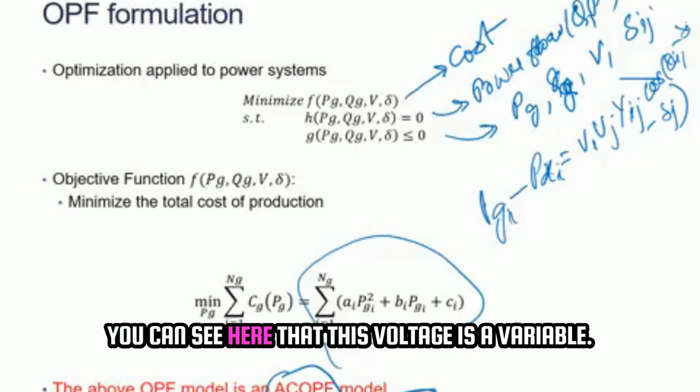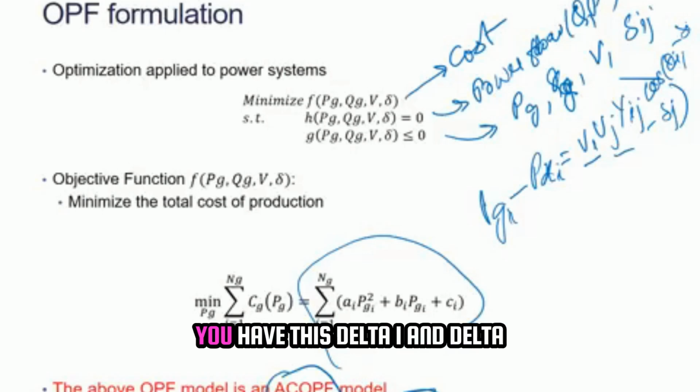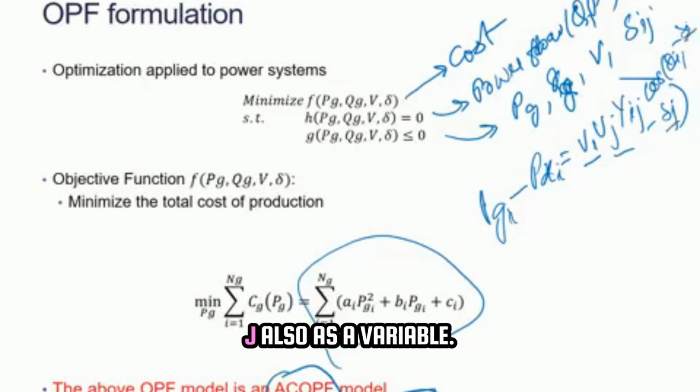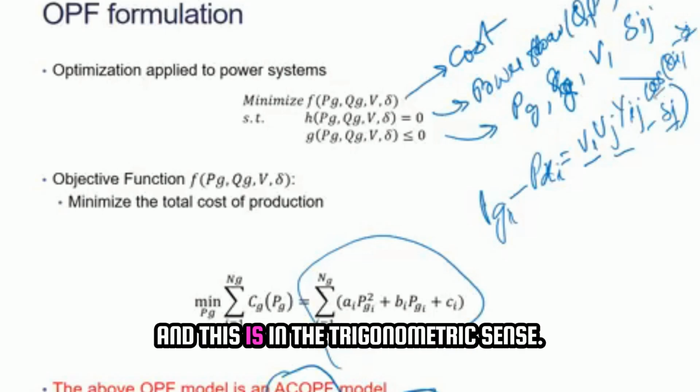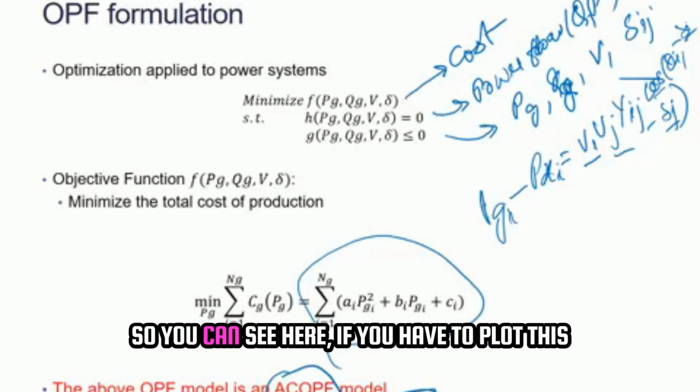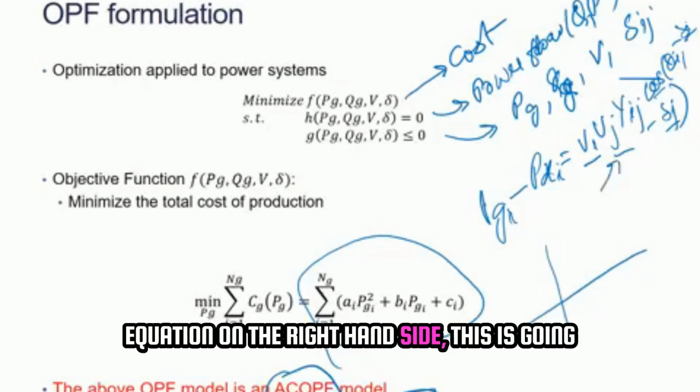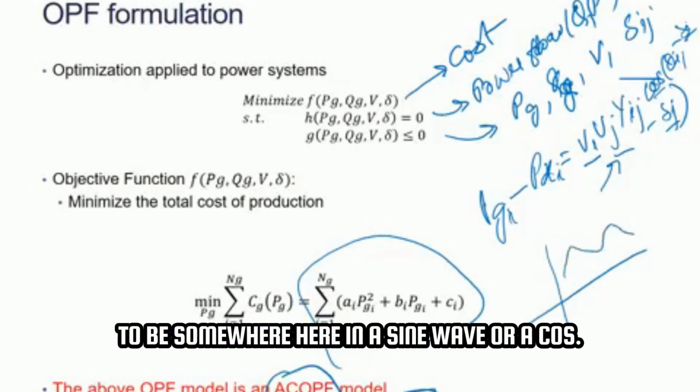You can see here that this voltage is a variable, this voltage is a variable. You have delta i and delta j also as variables, and this is in the trigonometric sense. If you have to plot this equation on the right hand side, somewhere here there will be a sine wave or a cosine wave.